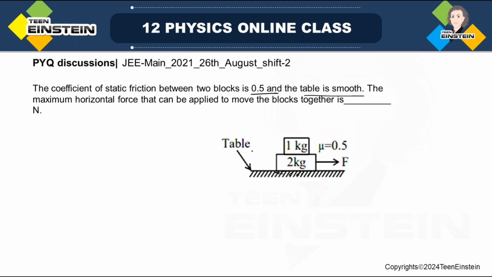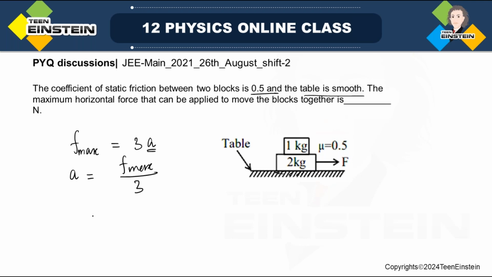So the static, actually this is called limiting friction. Limiting friction, okay, that is F max, that must be equal to m into a. Okay, now if we find out a, what is acceleration, that is F max by 3.